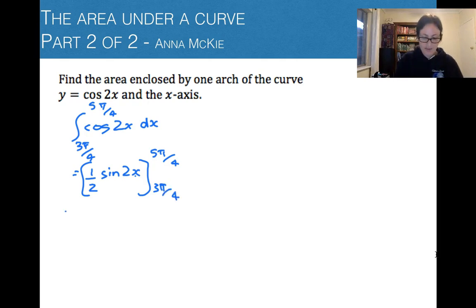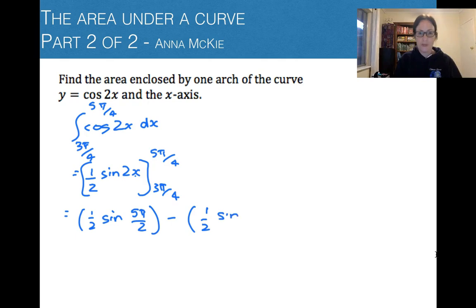Substituting in those values, round brackets now, a half sine of, I'm going to have 2 multiplied by 5 pi on 4, which I'm just going to write down is 5 pi on 2, and then taking away a half sine, and this time around substituting in 3 pi on 4, multiplying that by 2, so we're going to get 3 pi on 2.